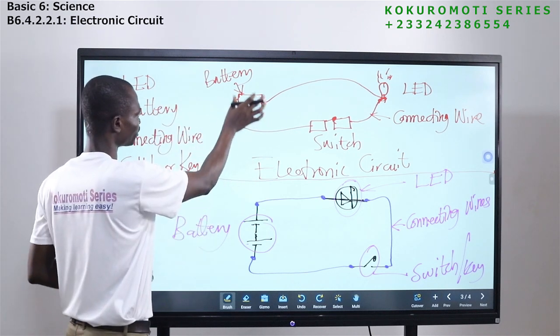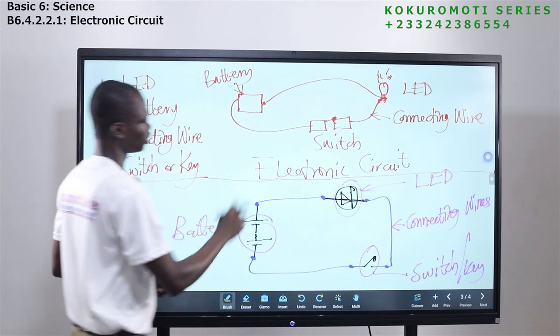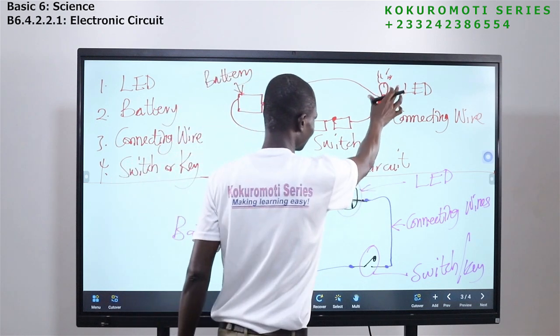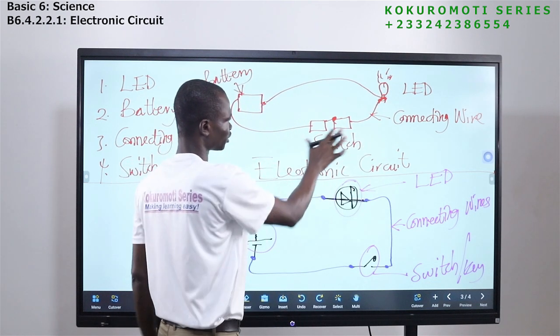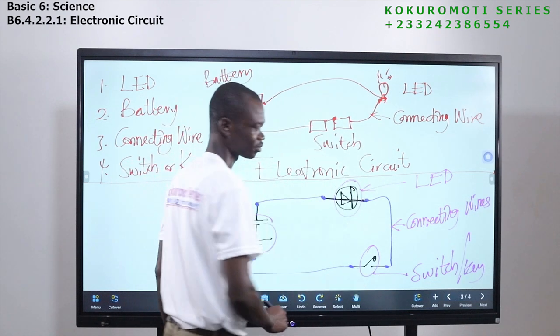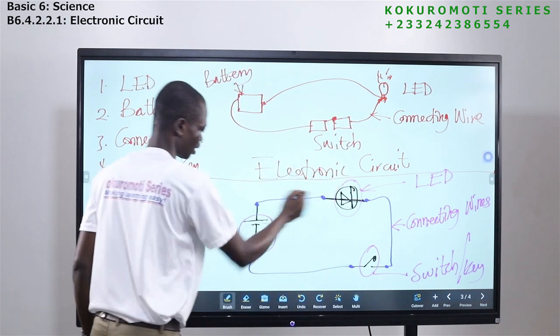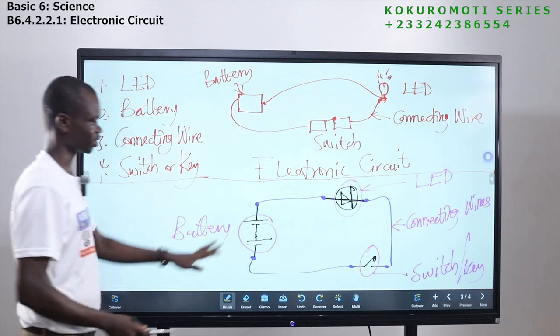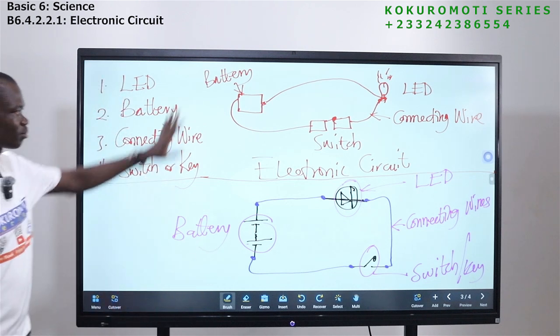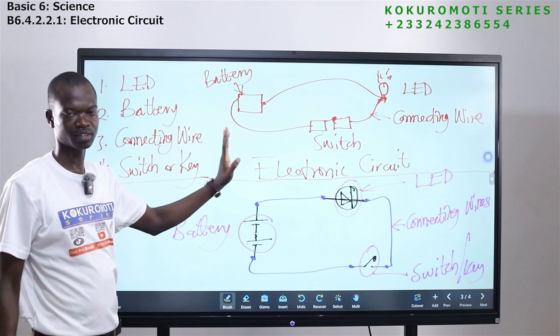One component, which is the battery, this is a symbol. Another component, which is LED, is here. This is a symbol. The switch is also here. And then the wires are also here. So this is circuit diagram, but this is an electronic circuit.